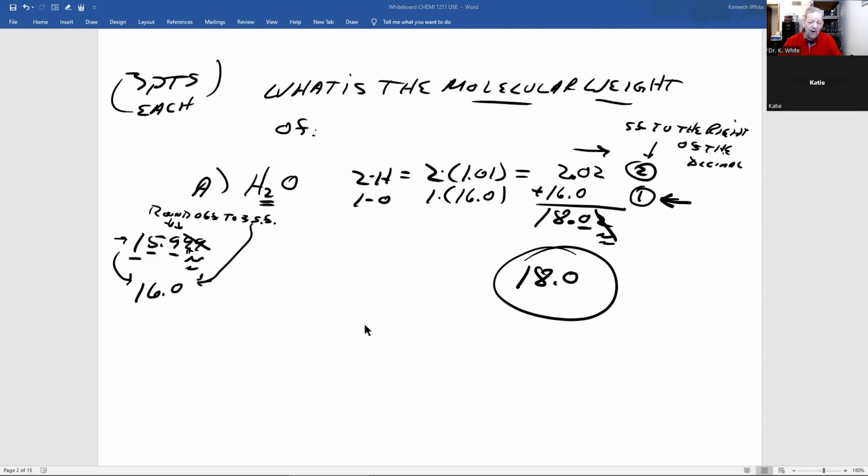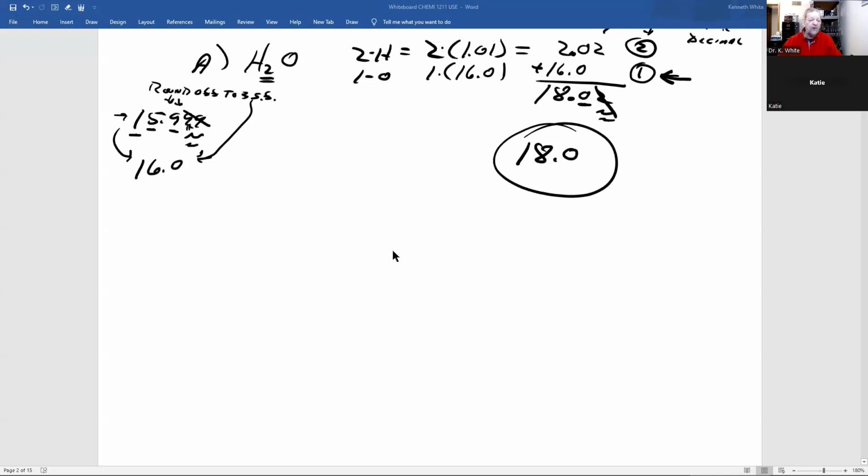What I have, oh, ammonia. All right, so the question is, what is the molecular weight of ammonia? And remember, the molecular weight is the sum of all atomic weights of the atoms in that molecule.